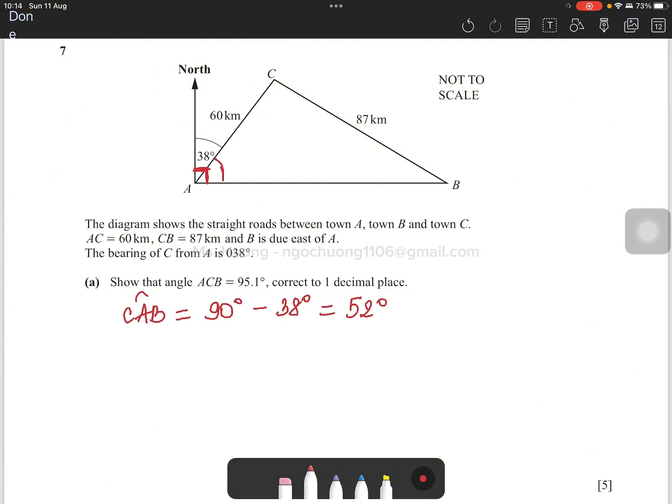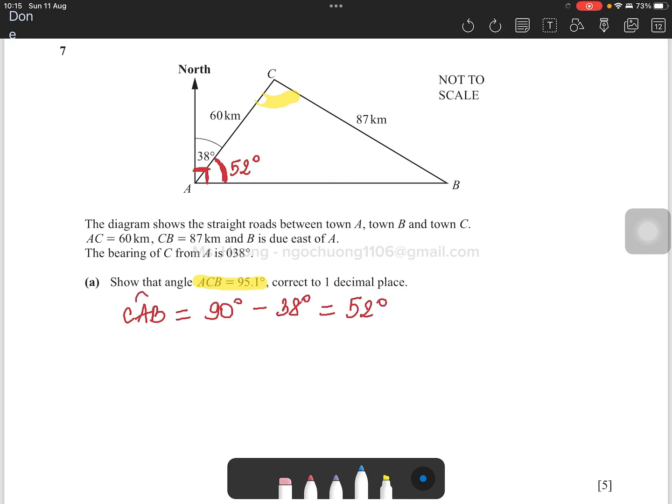So this one is 52 degrees. Now we need to show that the angle ACB, this one, is 95.1 degrees, correct to 1 decimal place. So look at the triangle ABC.